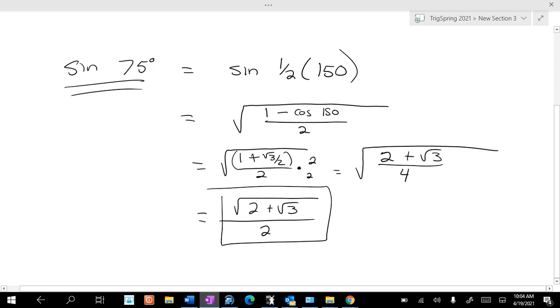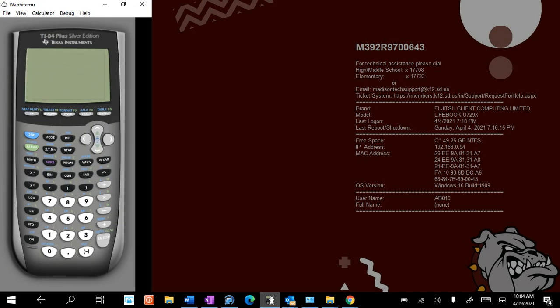Now, let's check our answer, because maybe you don't trust me. All right, so I got to change from radian mode to degree mode. I was in radian mode. So if we go the sine of 75 degrees, that equals that decimal. And then if we go parentheses, the square root of 3 plus the square root of 2, and then all divided by 2, because that's what we ended up with, right?